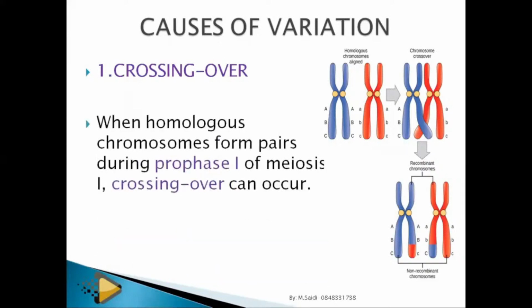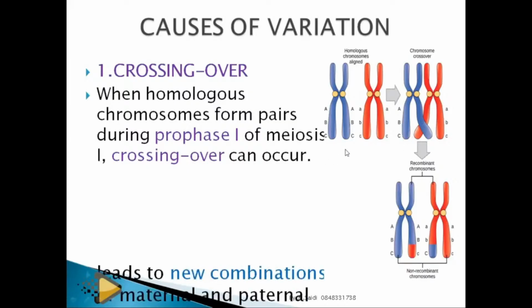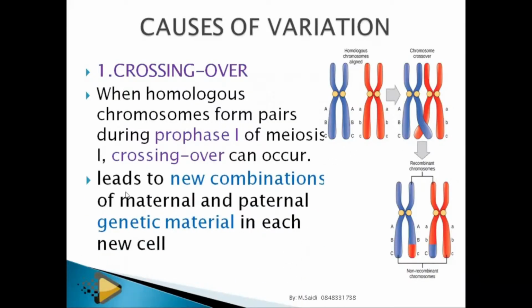So crossing over happens when homologous chromosomes form pairs during prophase I. I said prophase I is very important in meiosis. Crossover can occur, as you see it here. Crossover leads to new combinations of genetic material in new cells. So if they separate during anaphase, they will go to different cells.